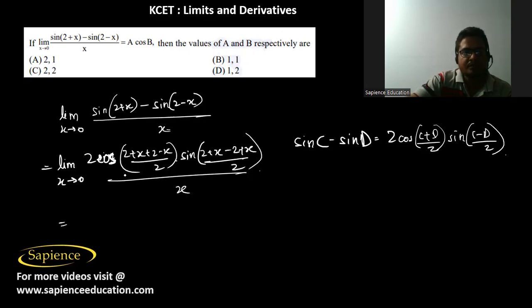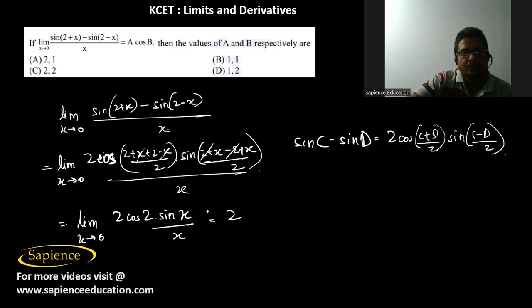So now x and x will get cancelled here, and 2 and 2 will get cancelled. So this will be limit x tends to 0, 2 cos(4 by 2), that is cos 2, into sin(2x by 2), that is sin x, by x.